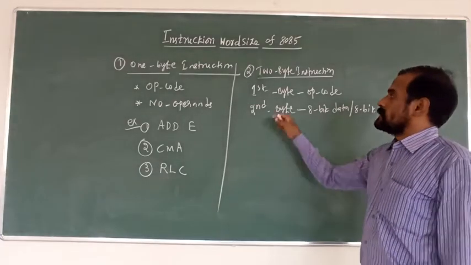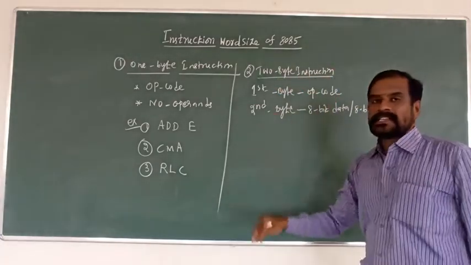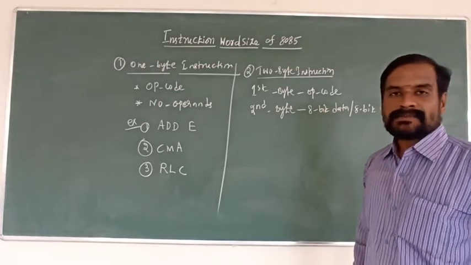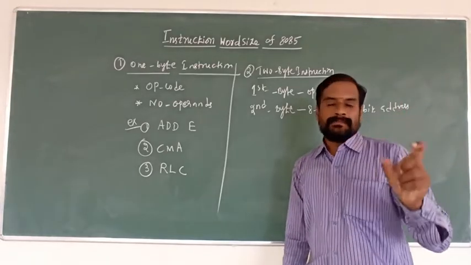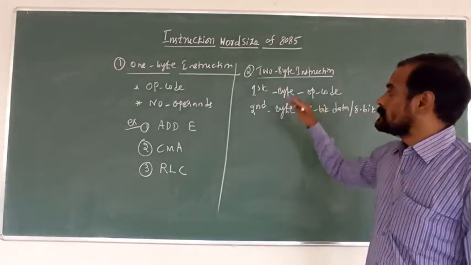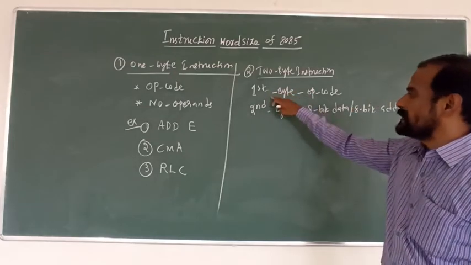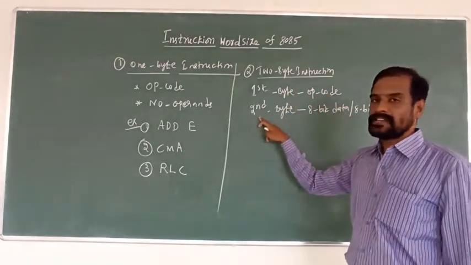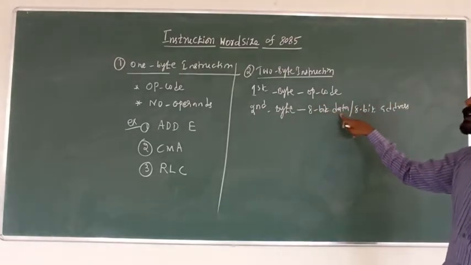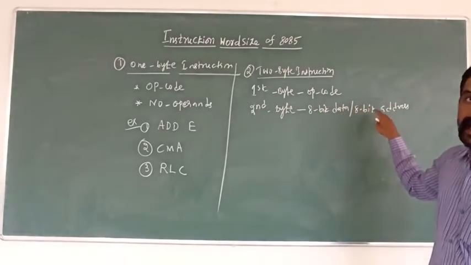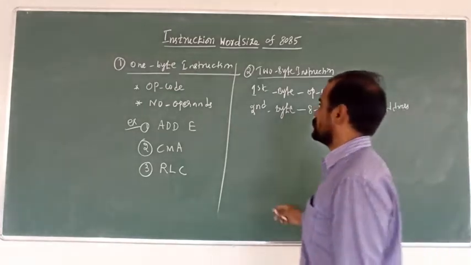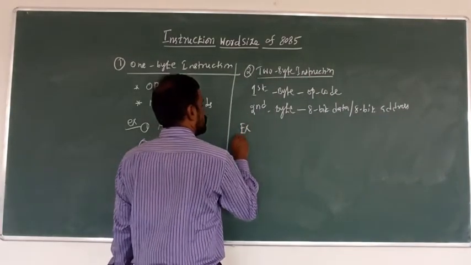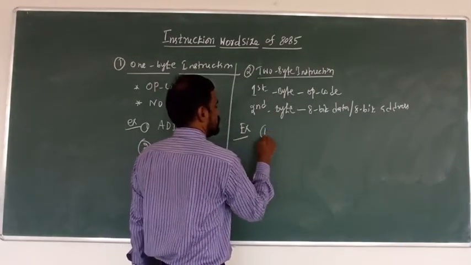Okay, a 2 byte instruction means it consists of 16 bits. The first 8 bits, the first byte, represent the opcode, and the second byte will be either 8-bit data or 8-bit address. Okay, examples for 2 byte instruction.